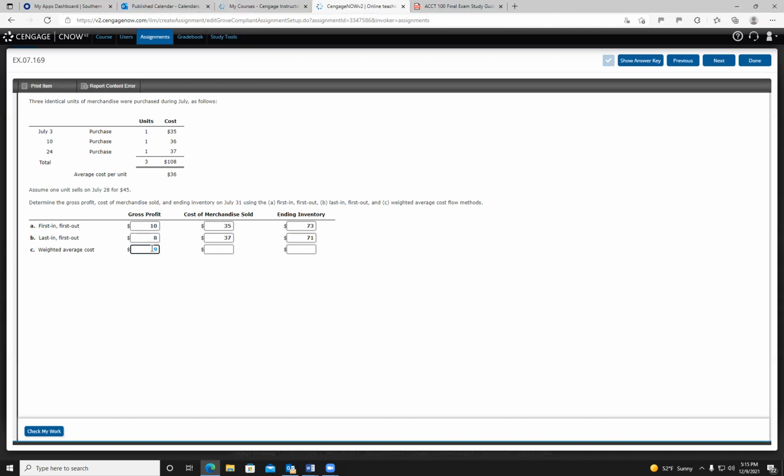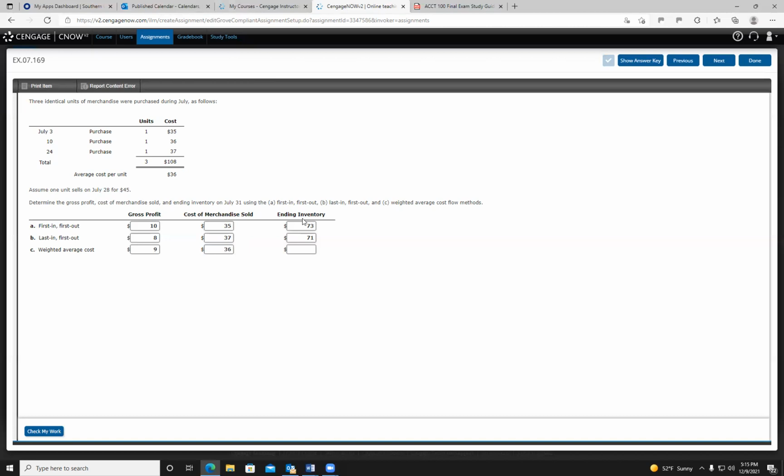I'm going to double check my math. All right, so what is the cost of merchandise sold? Well, it tells you right there, your average cost per unit is $36. So under the weighted average method, you would use the average cost per unit as your cost of merchandise sold. How do you determine your ending inventory balance? Let's think about this 2 different ways.